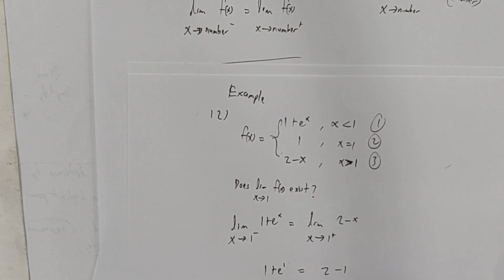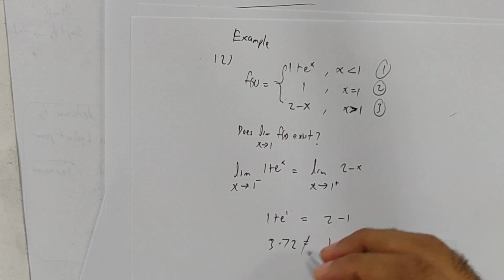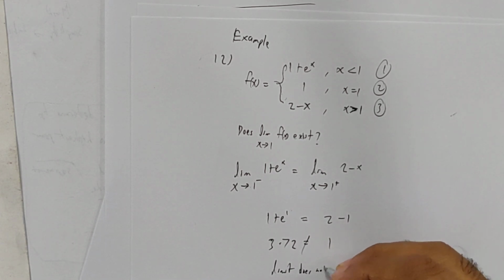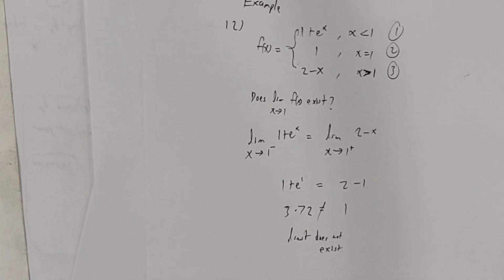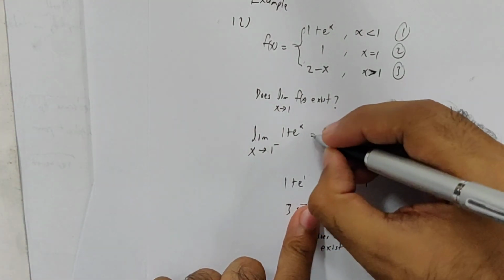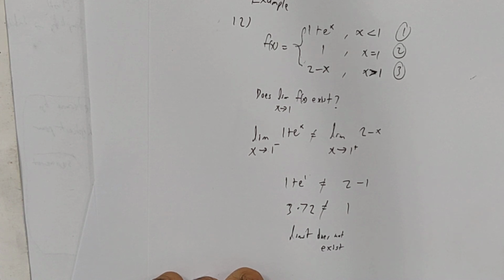Are they the same? It's not the same. So what does it mean? Limit does not exist. Since it's not equal, you can say the limit does not exist. You guys okay?